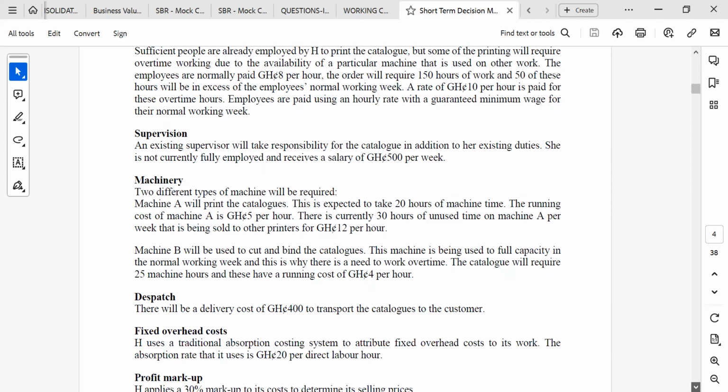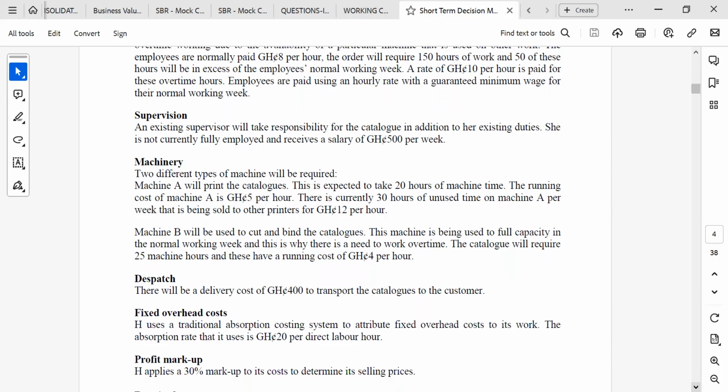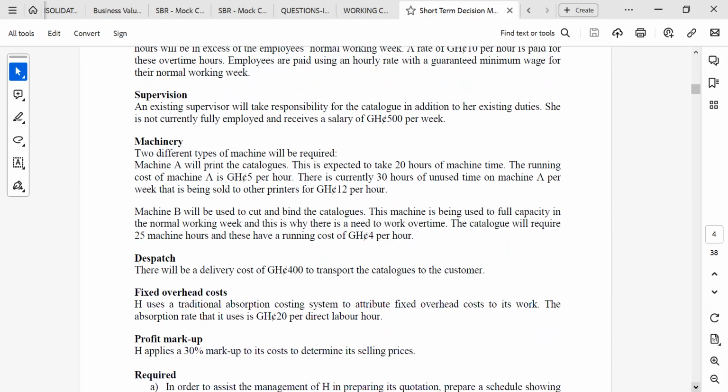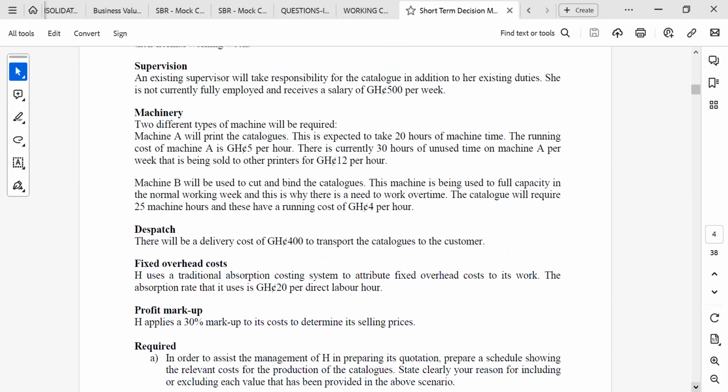Fixed overhead cost. H uses a traditional absorption costing method to attribute fixed overhead cost to its work. The absorption rate that it uses is 20 cedis per direct labor hour. Profit markup. It applies a 30% markup to its cost to determine its selling price.